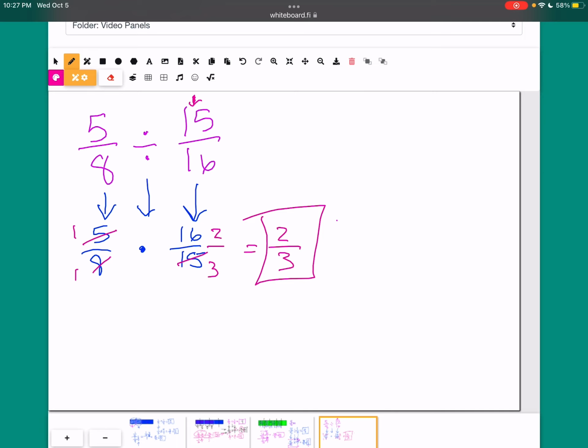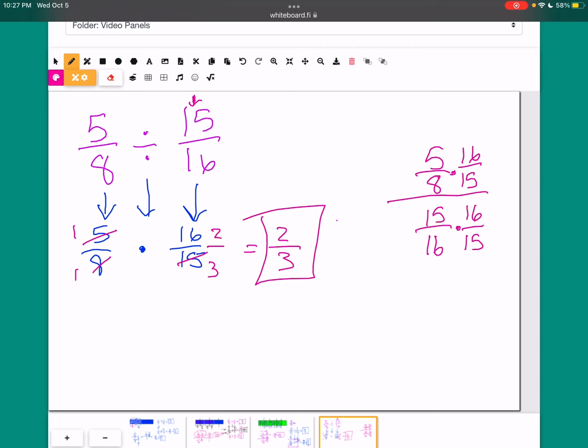All right. What does this look like if we do it the long way? Well, 5/8 divided by 15/16, complex fraction, want to get rid of it, don't want it around. I'm going to turn this into a 1, and I'm going to multiply up here by the reciprocal.